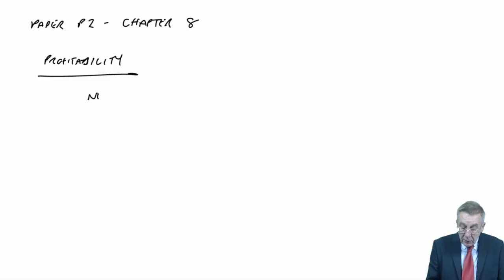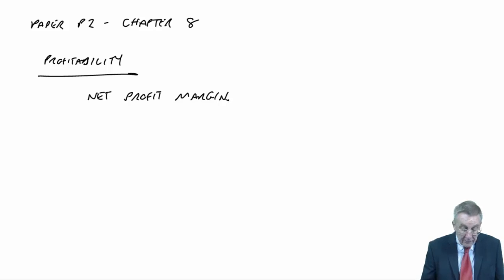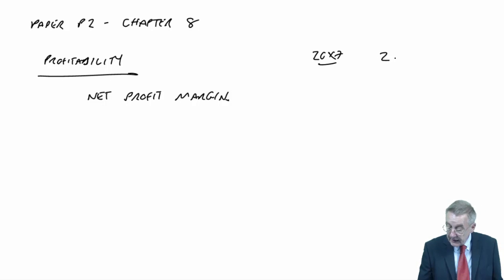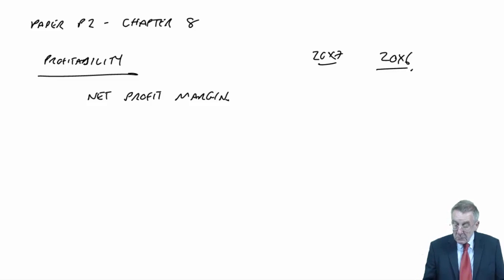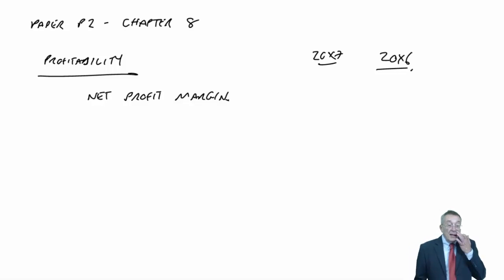The first one, the net profit margin. We'll do both. I'll put them side by side. This year, last year. The net profit margin is the profit before interest and tax divided by, as a percentage of, the revenue.